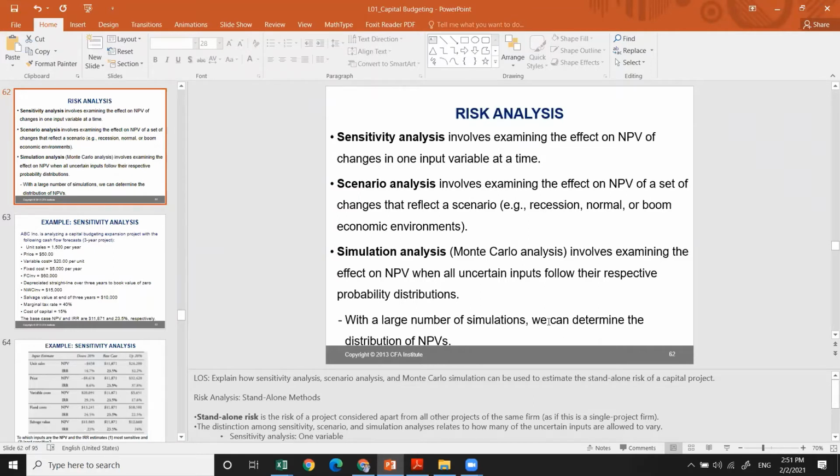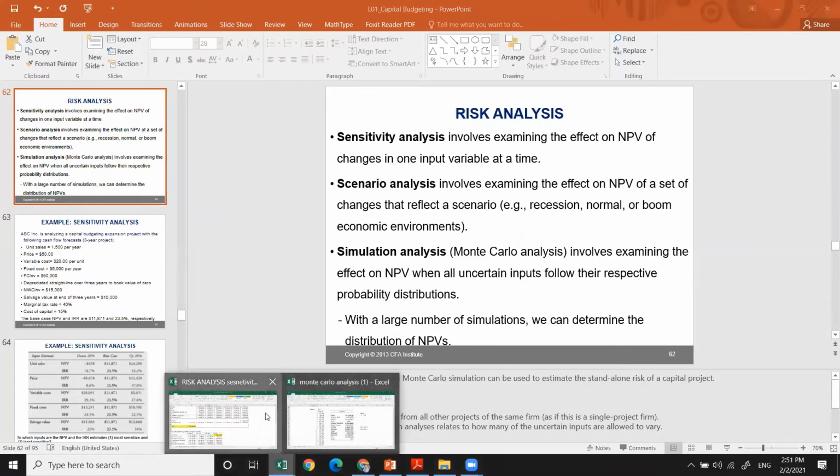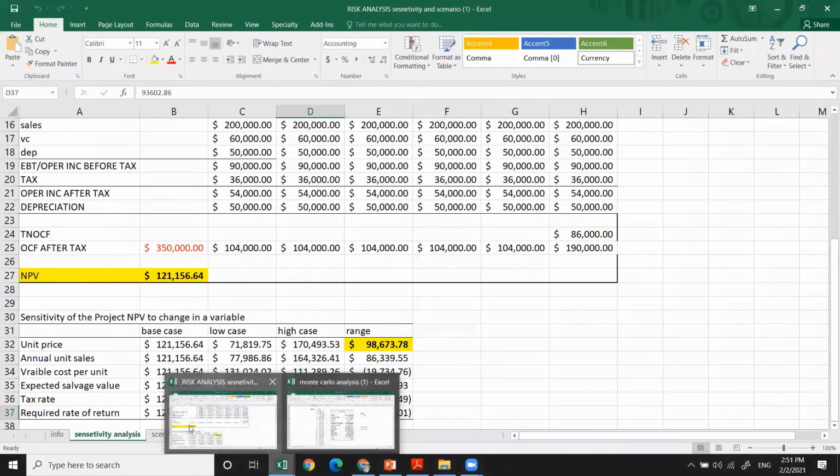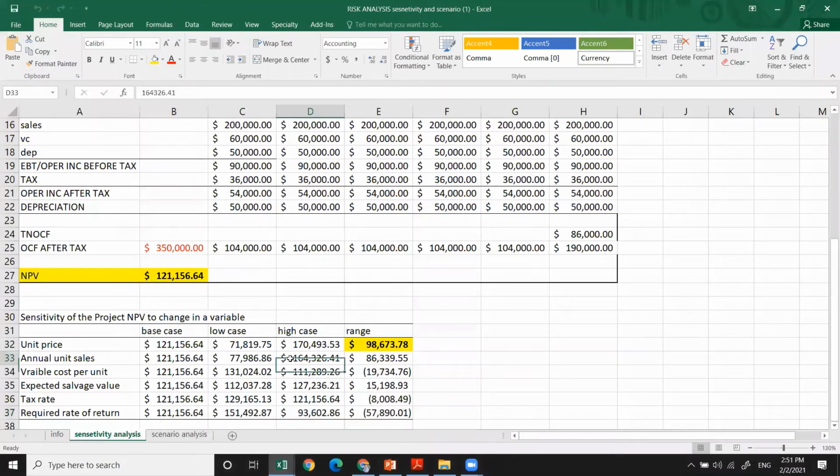Through this sensitivity analysis, I will get the weight of each variable and how they affect my project. And if there is the highest weight, for example on sales, I will make sure that my managers work properly and everything will be fine.